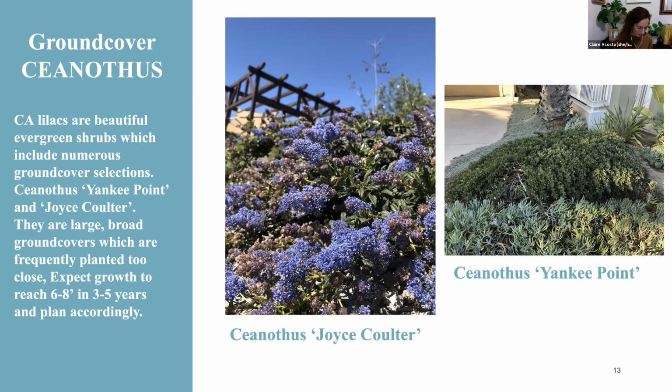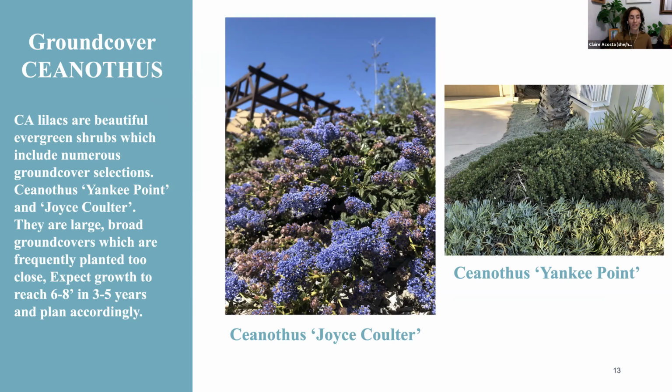yeah, in terms of ground covers, Joyce Coulter is tough, a great garden-tolerant one. It's not on your list, but on my list, I would put Joyce Coulter as an easy one, and great for the garden and very tolerant of extra water, which our shrub Ceanothus are not. Yeah, but they get pretty large and broad.